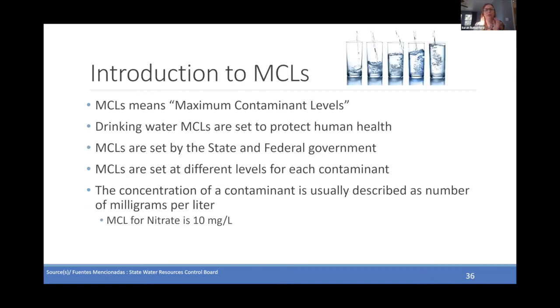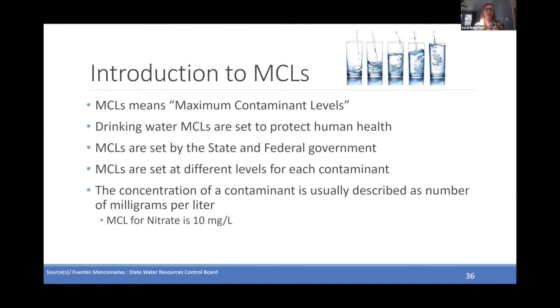So, more information on an MCL, or maximum contaminant level. In drinking water, an MCL is set to be protective of human health. These standards are set by both state and federal governments. MCLs are set at a different level for each contaminant.